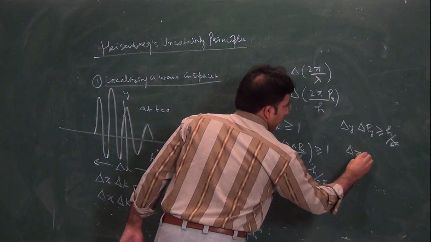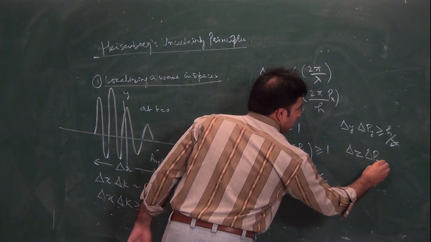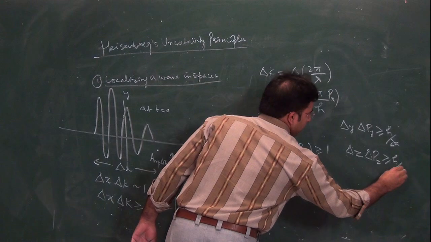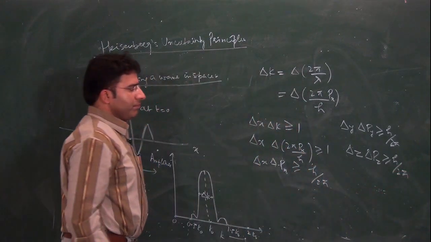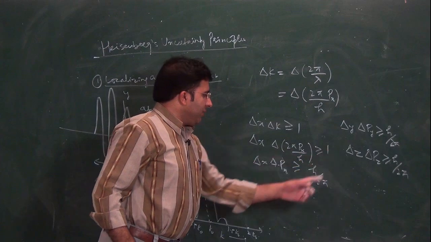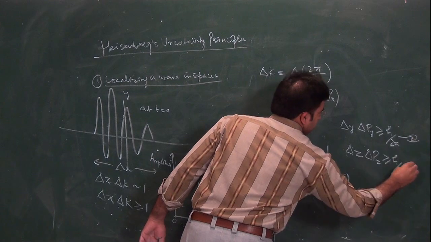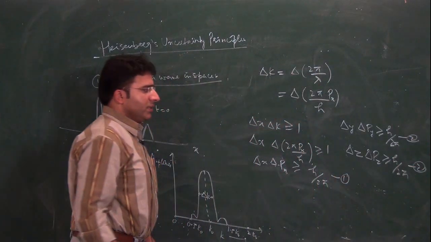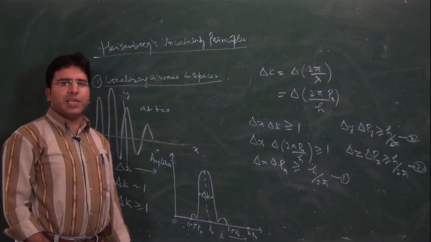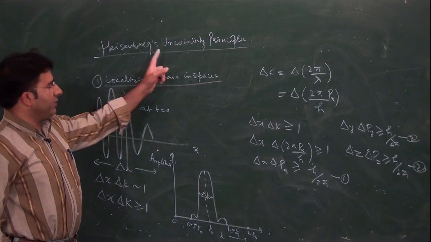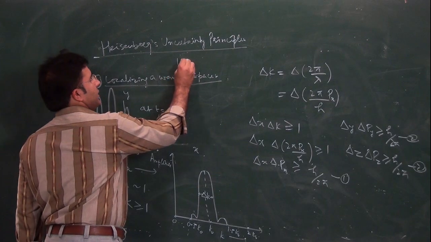Likewise, for z coordinate, delta z delta pz is greater than or equal to h by 2 pi. Now these three equations are called Heisenberg's uncertainty equations. They were given by Heisenberg in 1927.